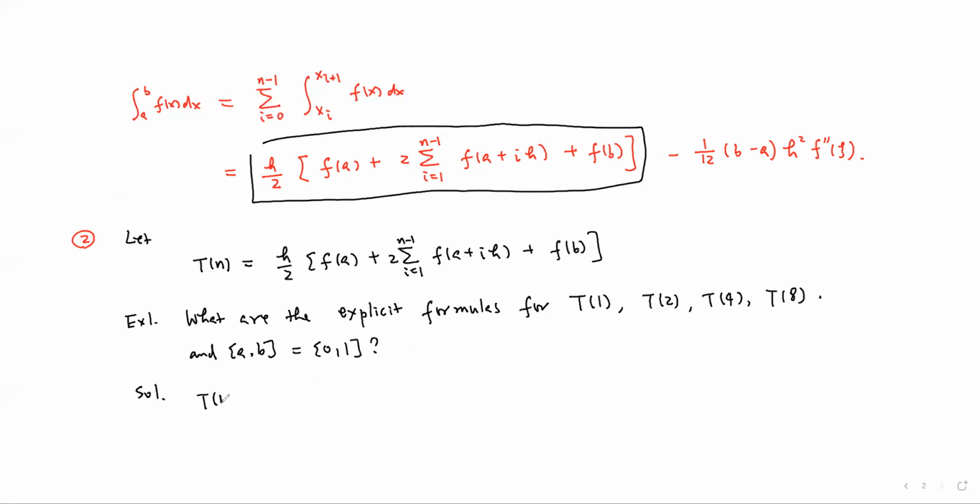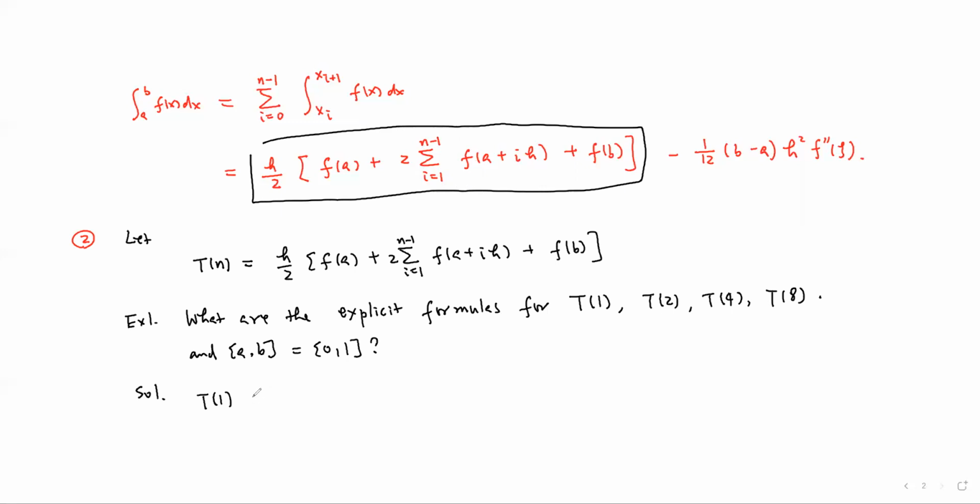T1. When n is 1, take a look at this sum. The upper limit is 0 and the lower limit is 1. When the lower limit is greater than the upper limit, the sum is considered to be 0.